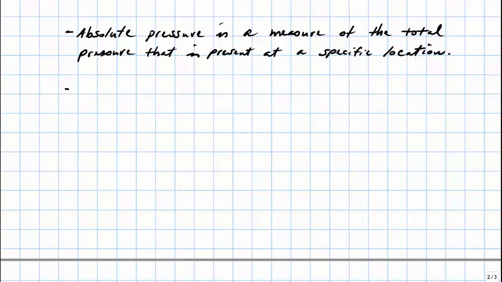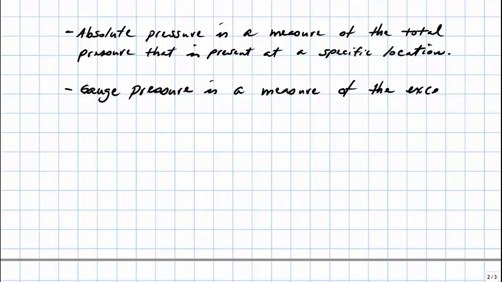In contrast, gauge pressure is a measure of the excess pressure above atmospheric pressure.